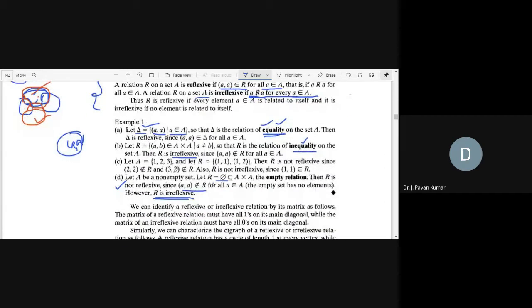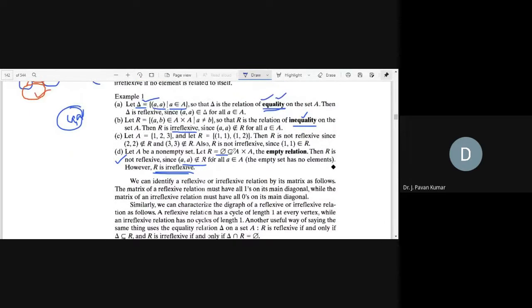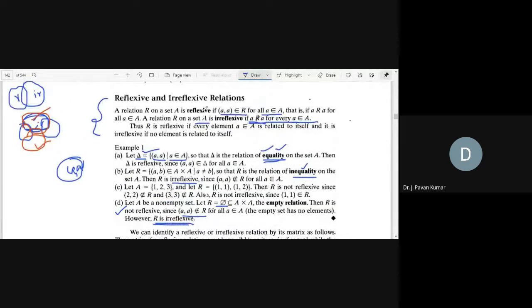Next, how can we identify whether the relation is a reflexive relation or an irreflexive relation by using matrix representation? This is the question. Earlier we have seen the tuple representation, like R is equal to 1 comma 1, 1 comma 2, 2 comma 1, 2 comma 2.